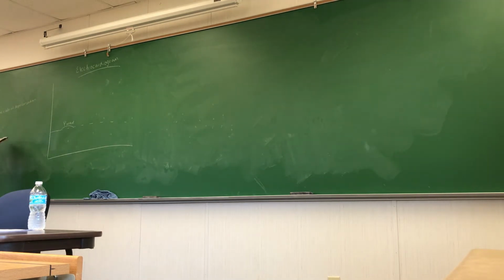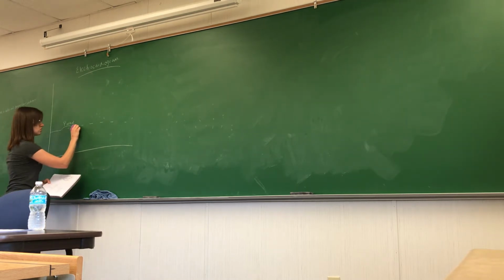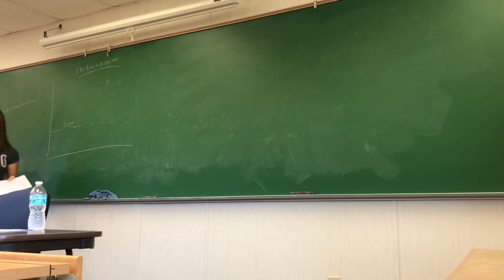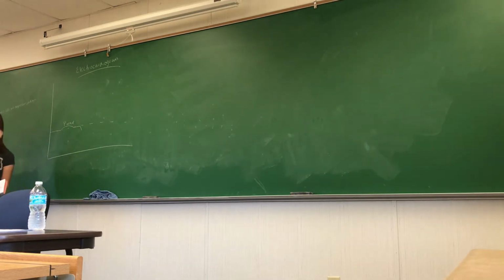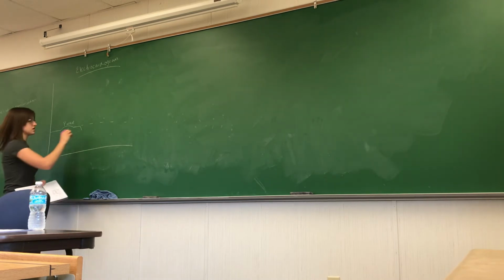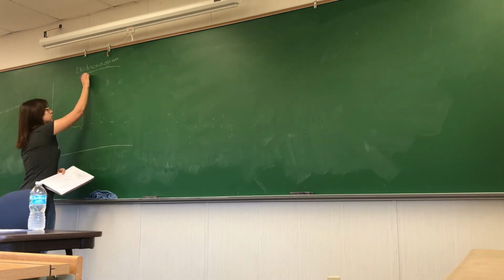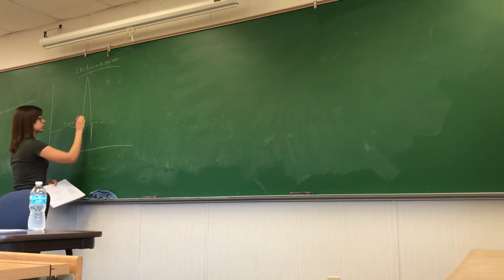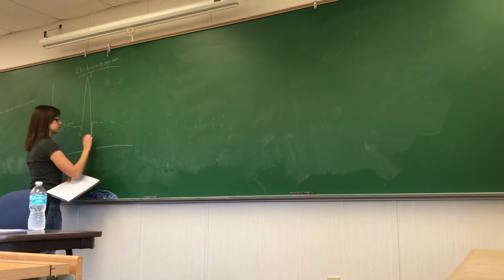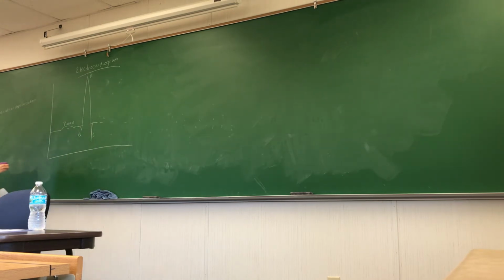So atrial depolarization, so we started contracting the atrium, right? So we got this little plateau, and what comes next? Q, right? Q, and then what's the complex? The QRS complex, yeah. So that's the QRS complex. And what is the QRS complex? What's happening?